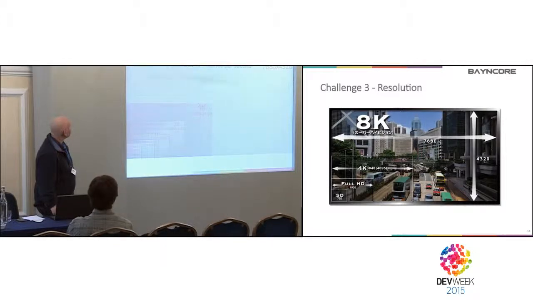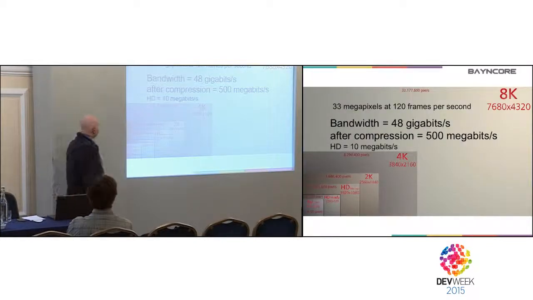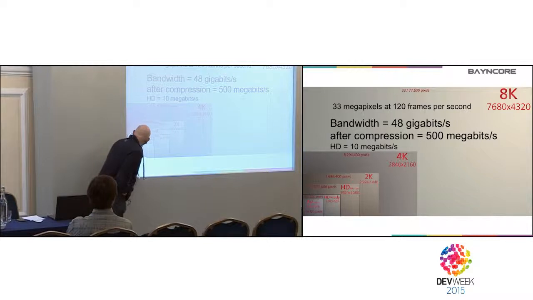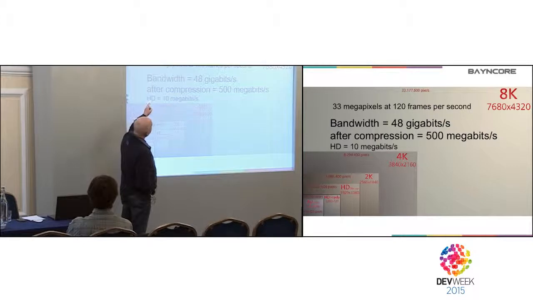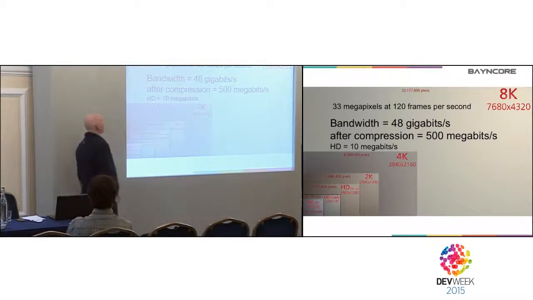So if I just skim through these, okay. As I say, the standard PAL has about half a meg of pixels per second, okay? Whereas if you're looking at the 8K resolution, you're looking at 48 gigabits of information per second, which is absolutely enormous.